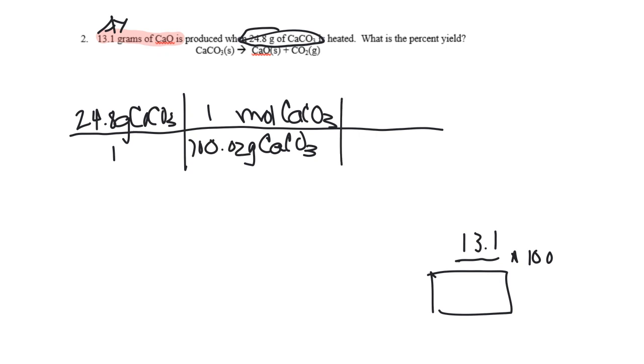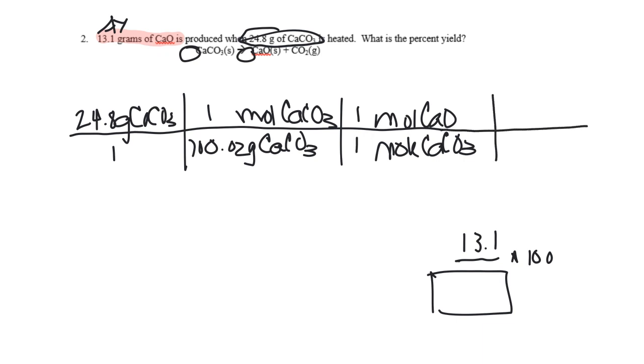Now I can go from moles CaCO3 to moles of CaO. And I use the coefficients, 1 to 1, so it makes it very easy. Then the last step, mole of CaO to grams of CaO. So 1 mole, molar mass of CaO is 56.08.